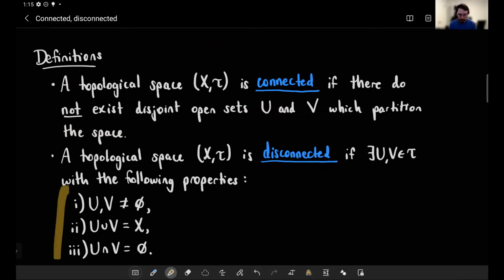So to be formal, there are three properties. To be a partition, your sets have to be non-empty, so I specify U and V are non-empty. This condition here means they're open, so here I'll just say non-empty open sets.